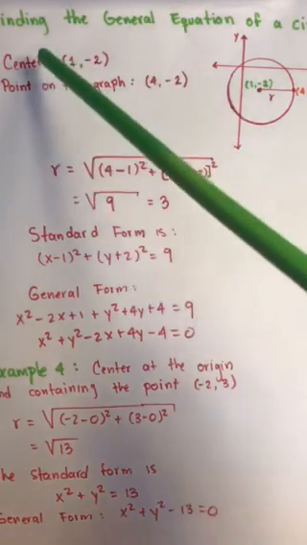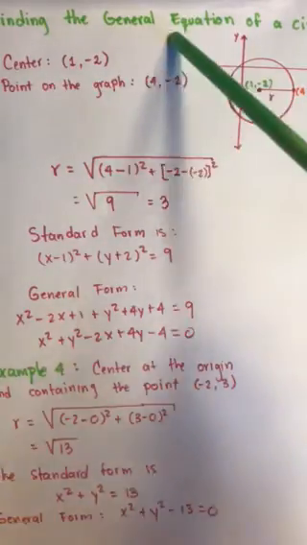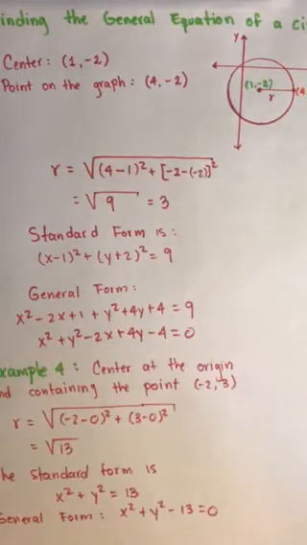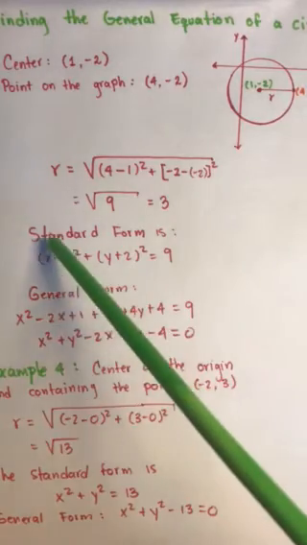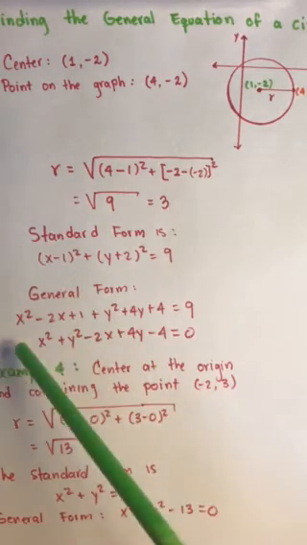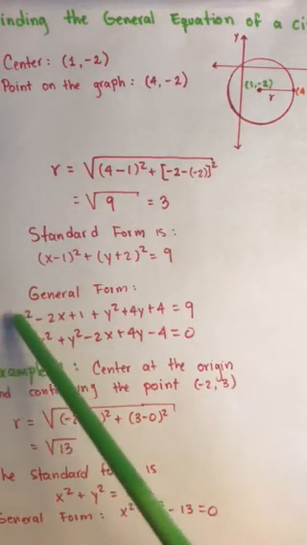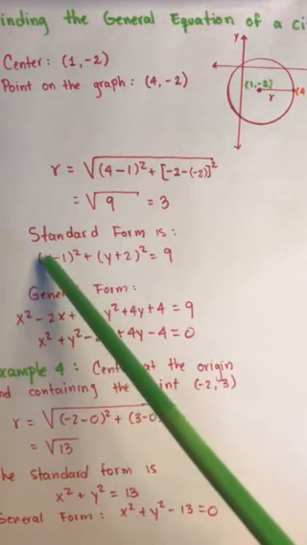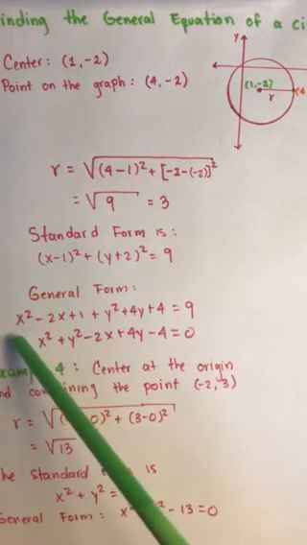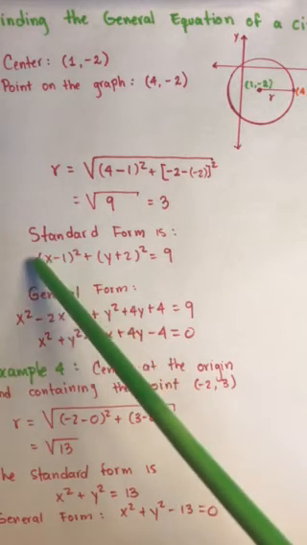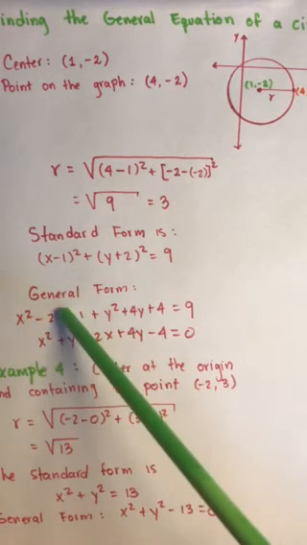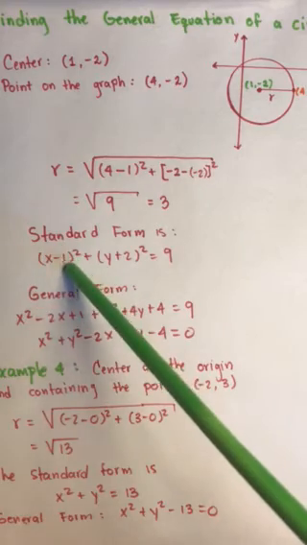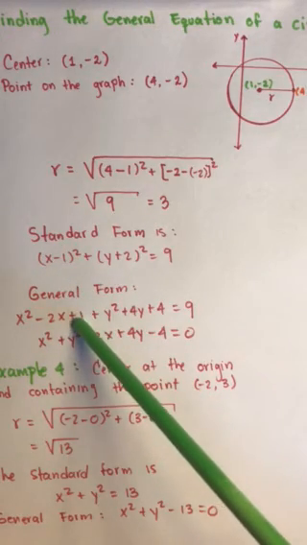That was the standard form, but the question was about the general equation. So to get the general equation, we FOIL this number over here. So it is x squared, because the first one is squared, plus 2 times the first one times the second one, so it will be negative 2x, plus the second one squared, so it will be 1.